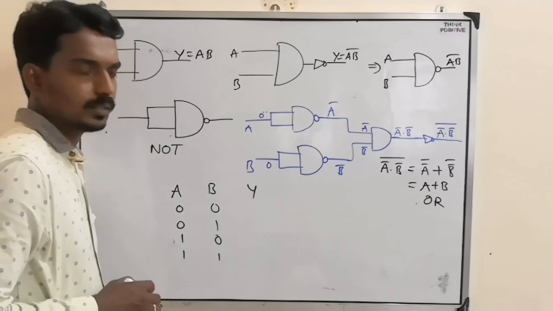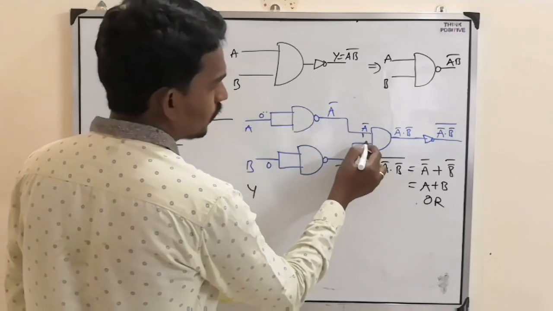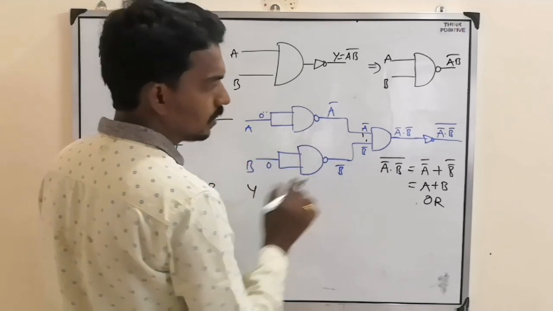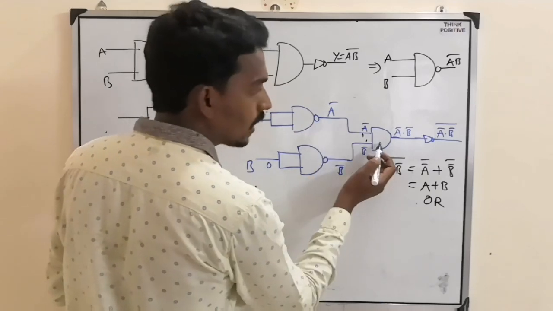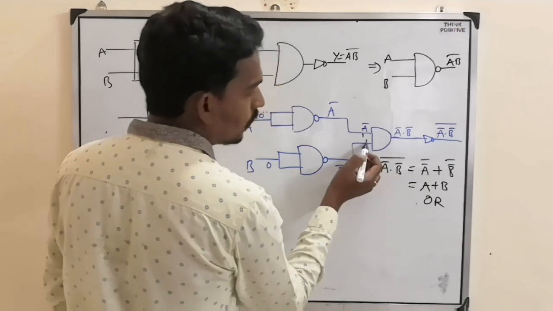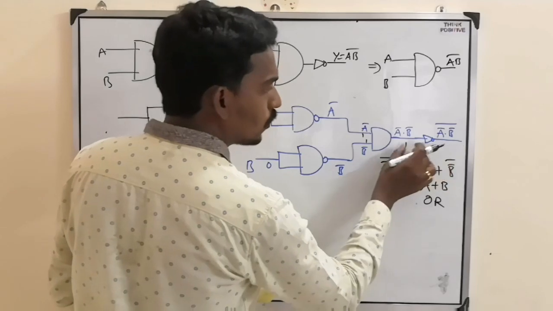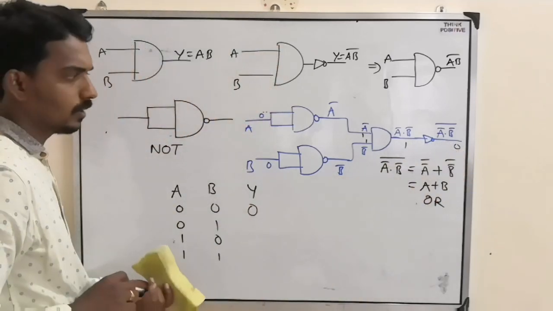0, 0. When you give 0, 0, here comes 1, 1. Because this is A bar, B bar. Now 1, 1 for the AND gate. So for the AND gate, 1, 1 input means output is also 1. But here there is one NOT gate, so 1 will become 0. So here the output is 0.